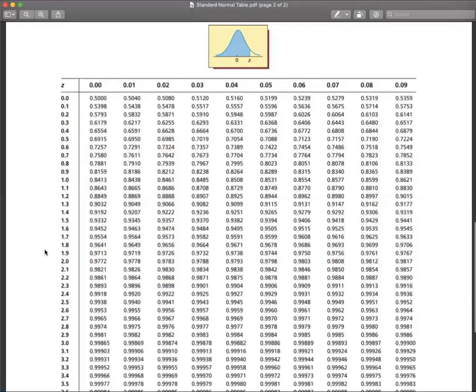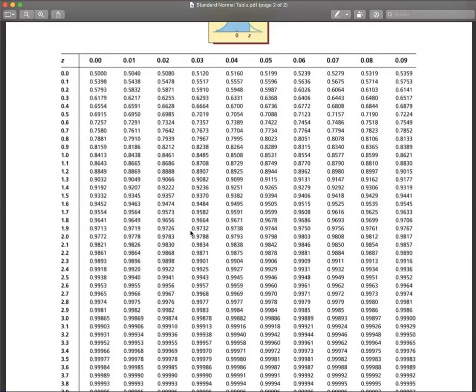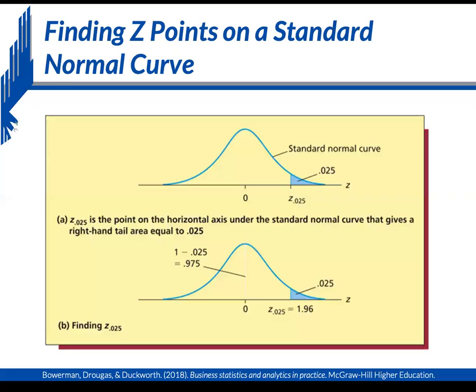If you carefully go through the different values, you can actually find 0.975 inside the table, and that is at the intersection of 1.9 and 0.06, which means that the z-score that has an area of 97.5% to its left, or an area of 2.5% to its right, is positive 1.96. So that's how we find 1.96 in the standard normal table.